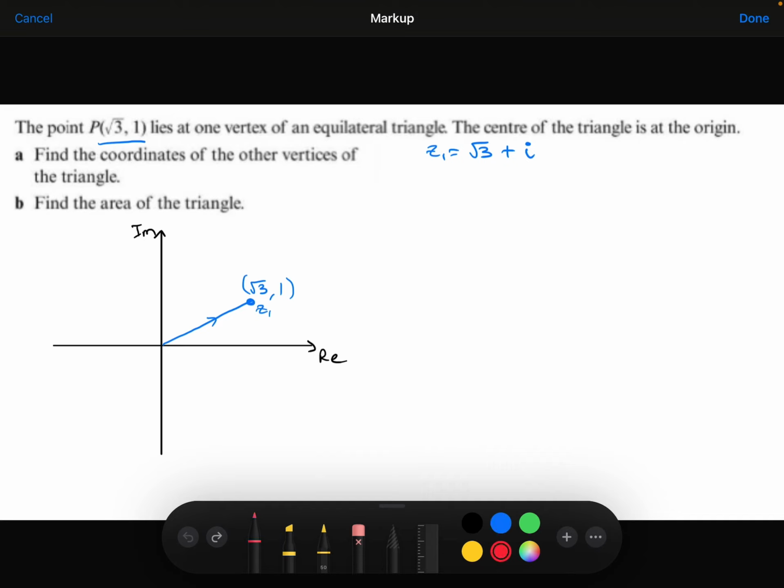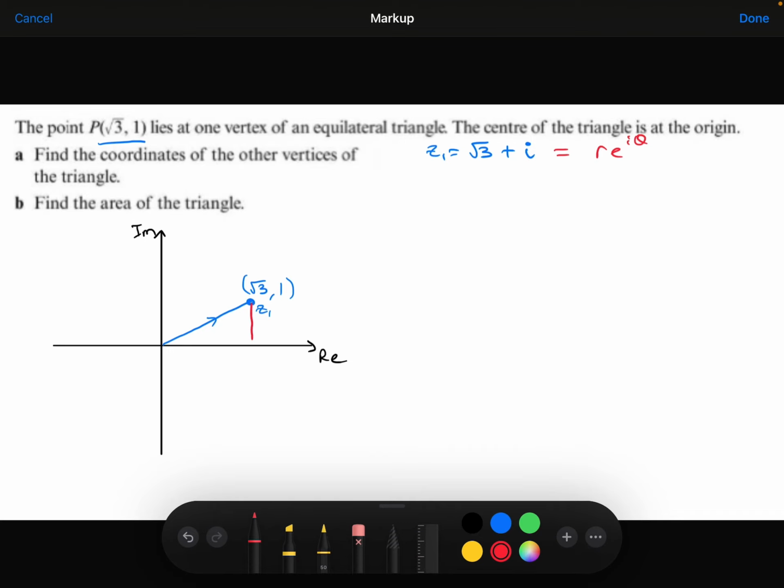Now, in order to find the other vertices of this equilateral triangle, I want to find the other roots of my equation. So I want to work in exponential form, so I want to rewrite this in r e to the i theta.